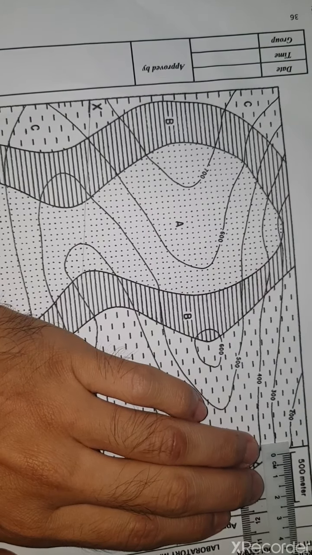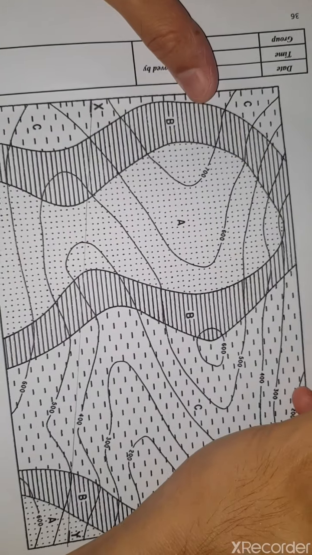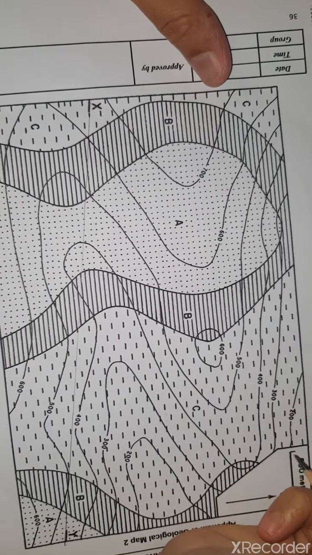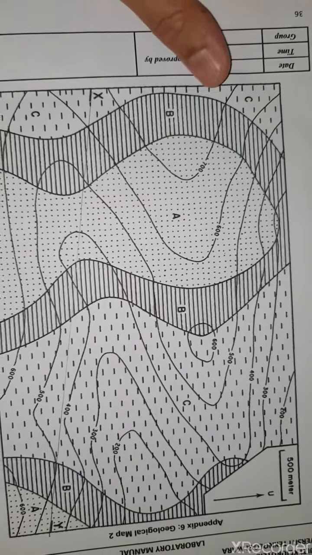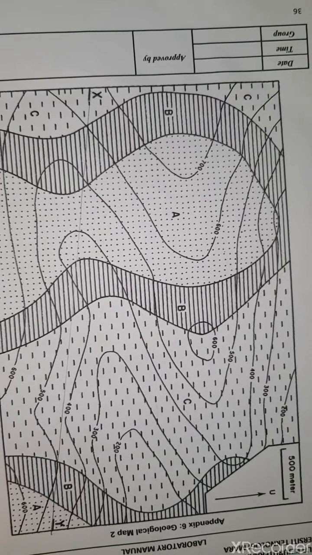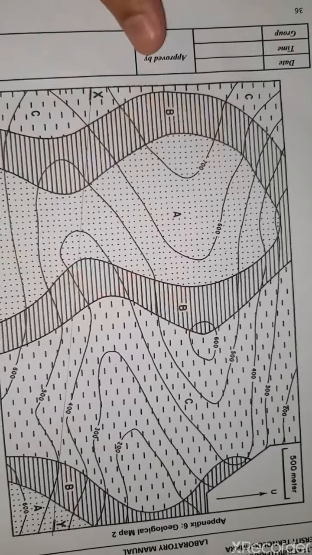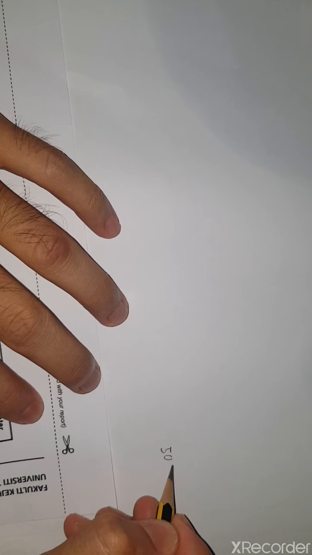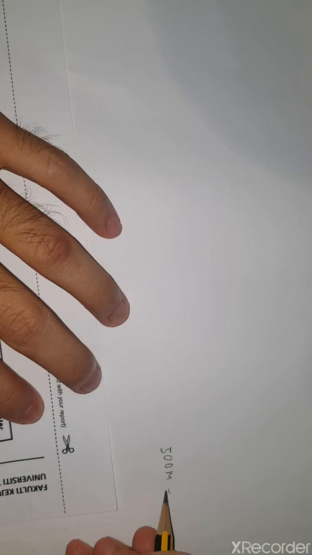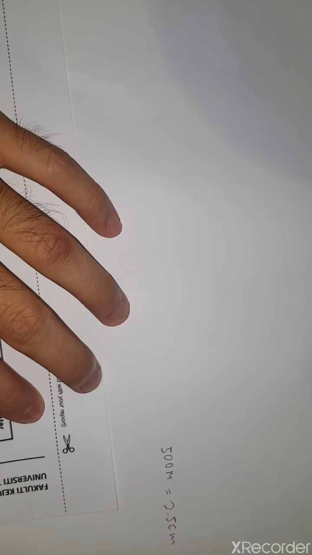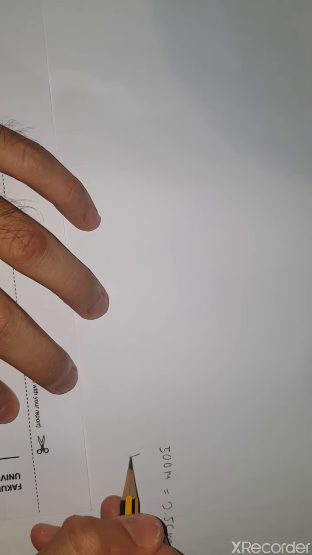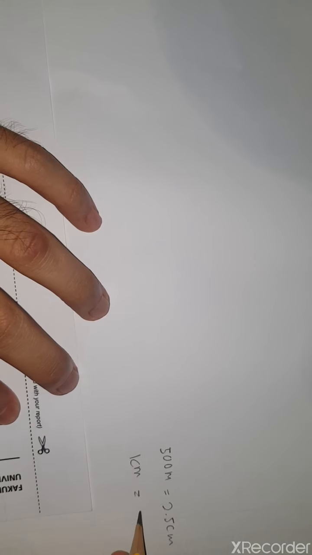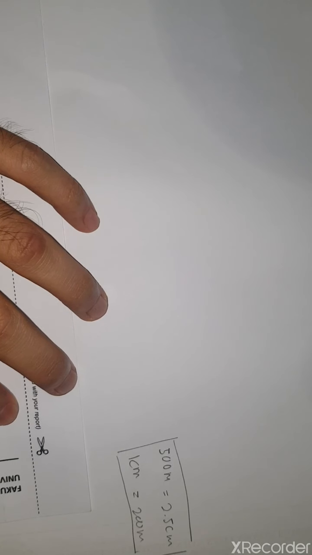Here is 2.5, so 500 meters is equal to 2.5 cm. Then 1 cm is equal to 200 meters. This is the scale that we will use when we want to plot the graph.